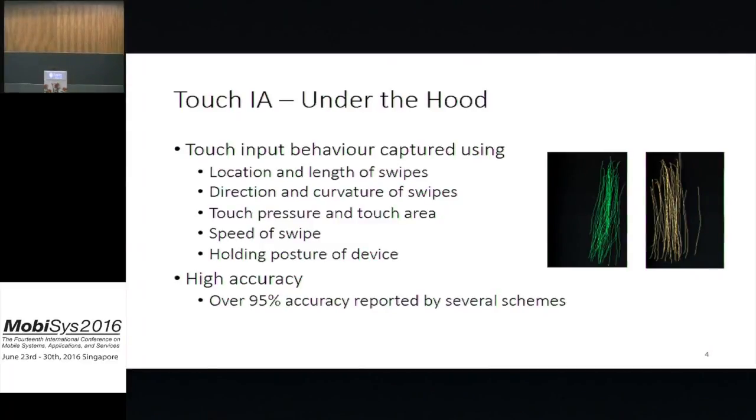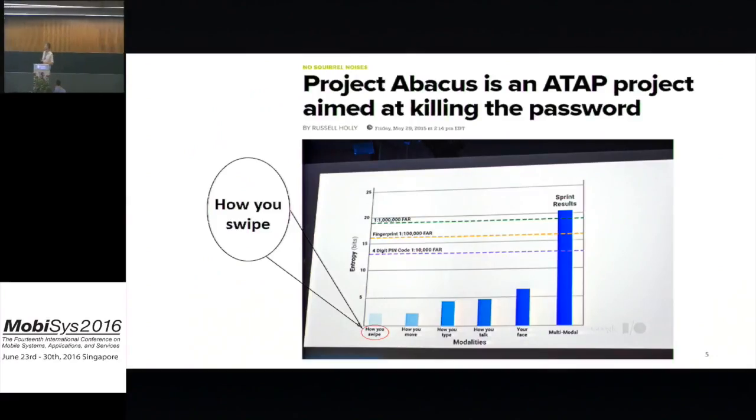Then these schemes have, of course, been evaluated, and what they show is that you can get very high accuracy, like 95%. That's a typical number reported in these papers. Sounds good. And it looks like even industry is interested in these schemes. Some of you may have seen these headlines a few weeks ago. This is a slide that was presented at Google I/O.